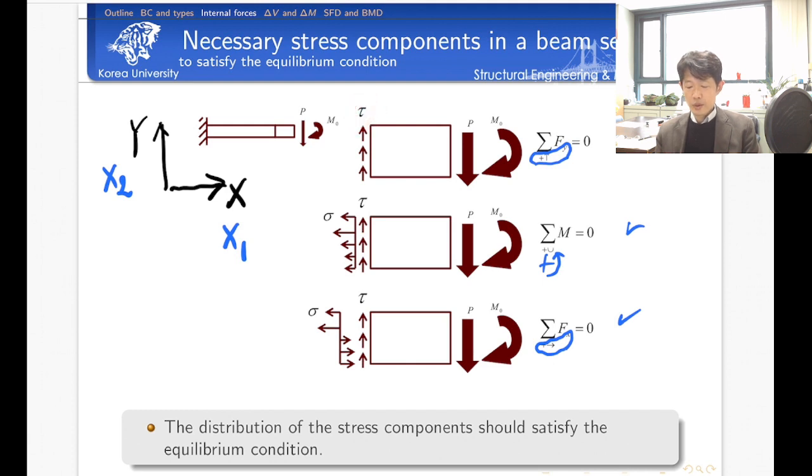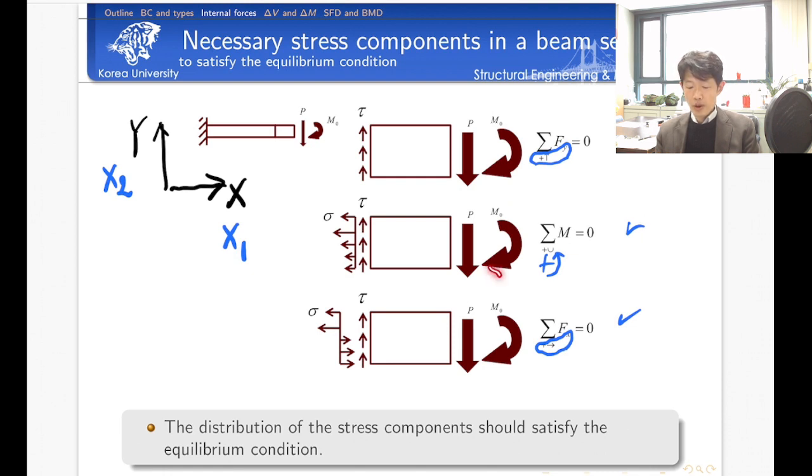So next step, we want to check the moment equilibrium. Now we are pretty sure that we have the shear stress distribution here to satisfy the force equilibrium. So let's check the moment equilibrium. We need to count all the moments.